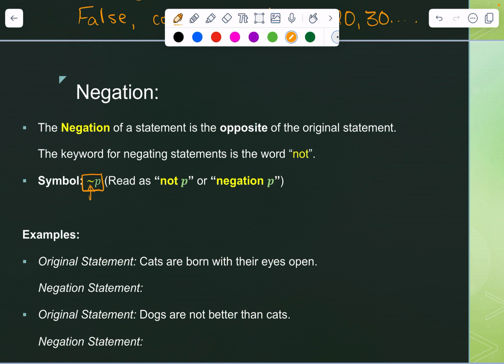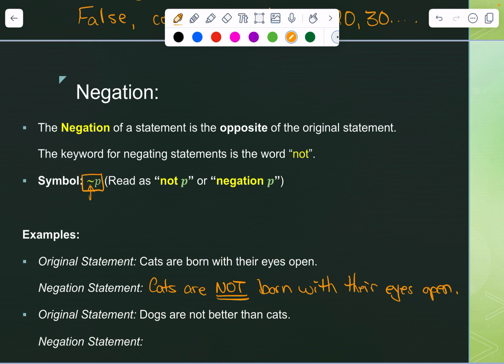I say, okay, give me the negation statement. We would simply say, cats are not born with their eyes open. Putting that not in there is the opposite of the original statement.